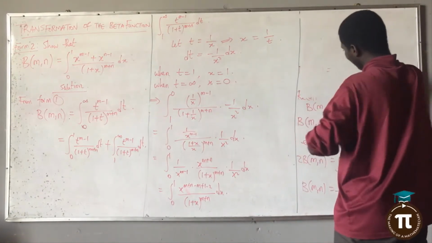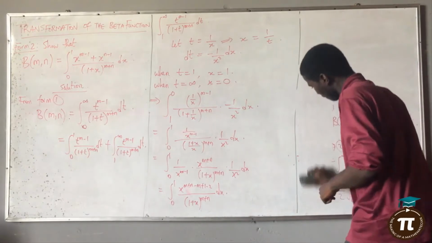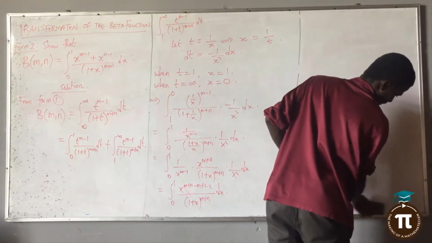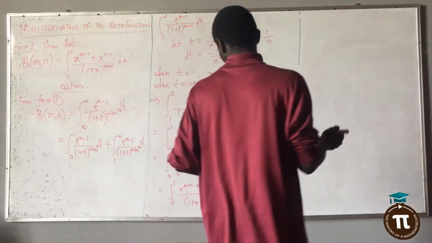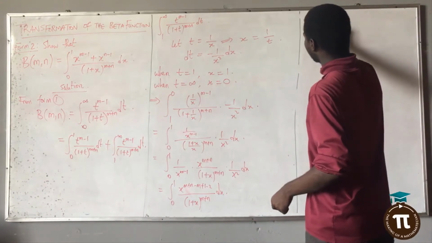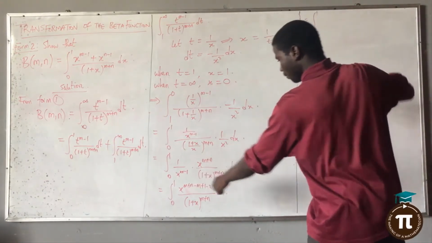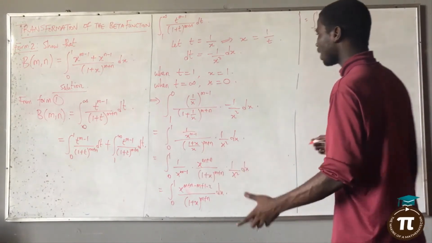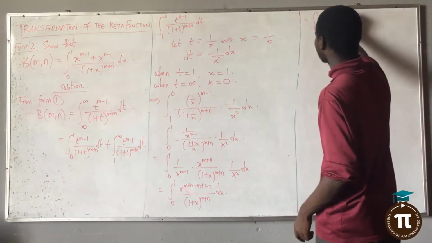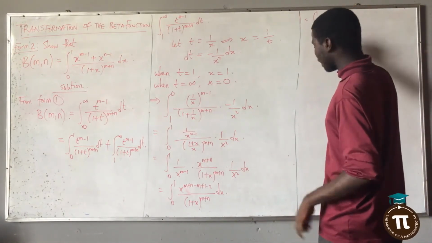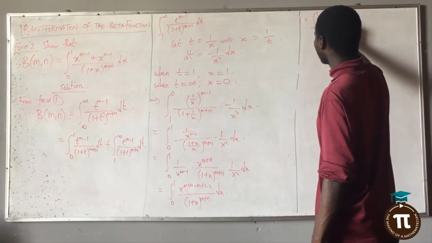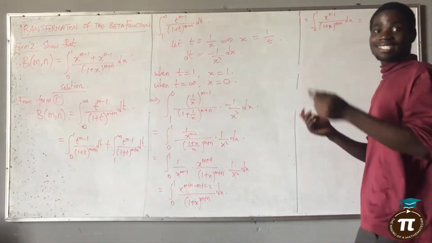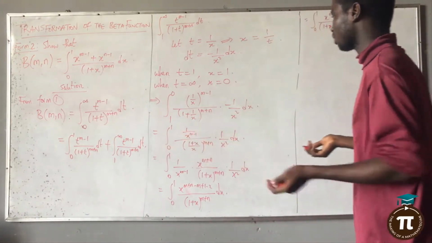So at the end of the day, I have the integral from 0 to 1, where m cancels m, and 1 minus 2 gives minus 1, so I will be left with the integral of x raised to the power of n minus 1 over 1 plus x raised to the power of m plus n dx. And x is a dummy variable, so I can change it to t to suit it.